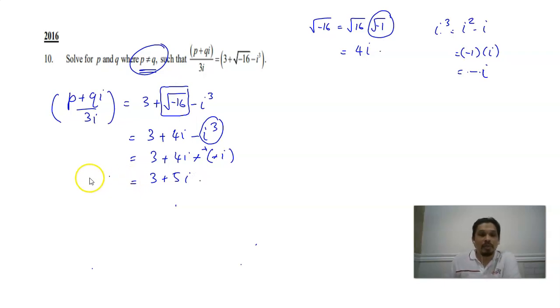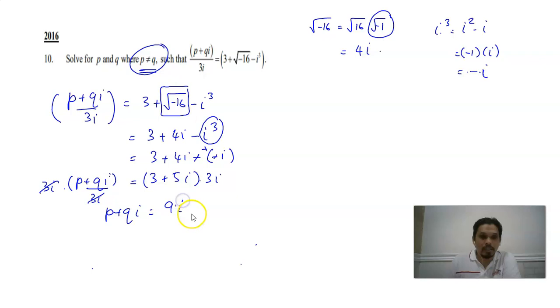Okay, now we compare with the question here, P plus Qi divided by 3i. So let's say I multiply with 3i on the left side and also multiply with 3i on the other side. So 3i divided by 3i cancels, P plus Qi equal to 3 times 3, equal to 9i, plus 5 times 3, equal to 15i times i, which is 15i squared.